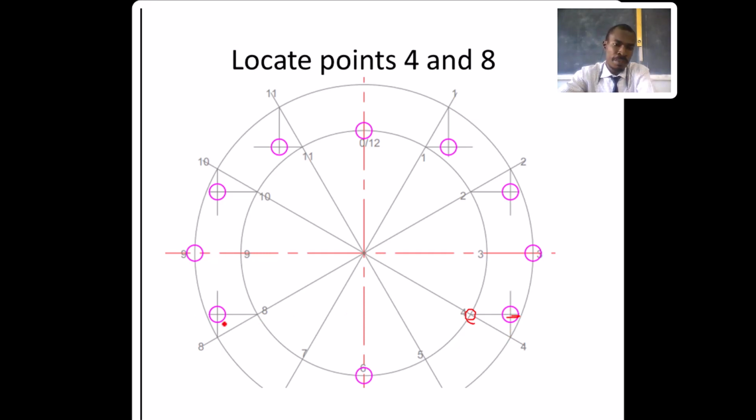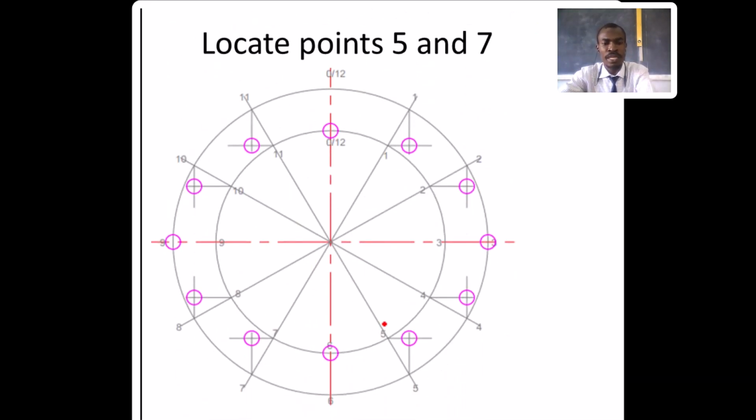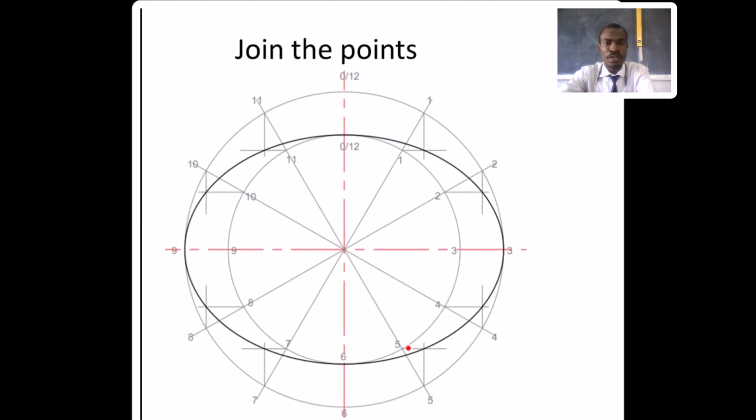You do the same on the other side for point 8. Then finally, you locate point 7 here and point 5 on the other side, using the same procedure we've been using all along. Once you do that, you connect the 12 points using a freehand curve. This is the freehand curve I'm talking about.